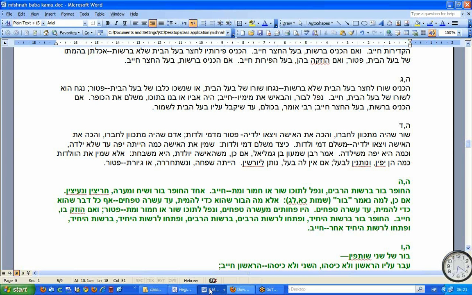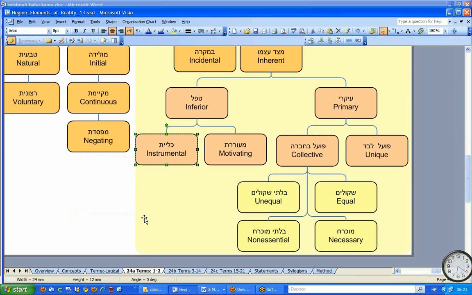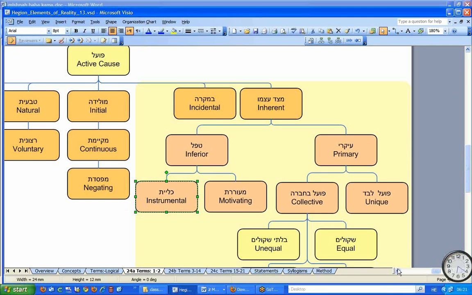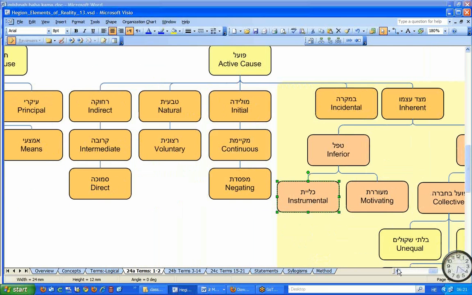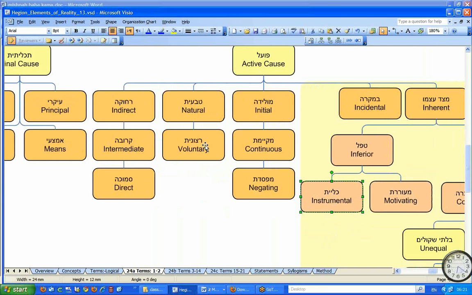So let's look over here on the chart. What are we going to say? We're going to say that he definitely is a Molid, that's for sure. And it's Ritzonis, because he wants to do damage.